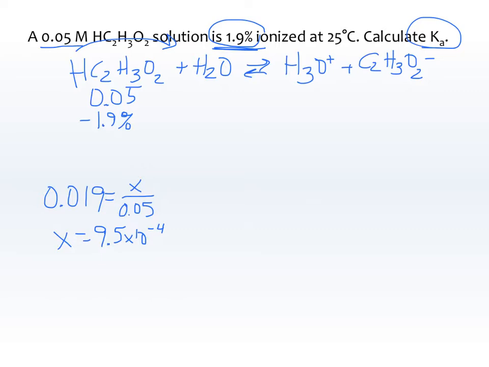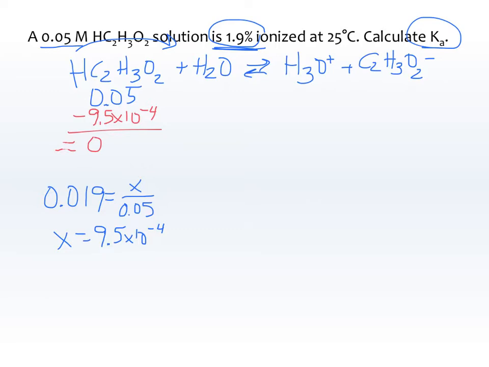So that x is the amount that's lost out of the 0.05, which means 0.05 minus 1.9% will really be 0.05 minus 9.5 times 10 to the negative 4. Since this is less than 5%, that's really the same thing.